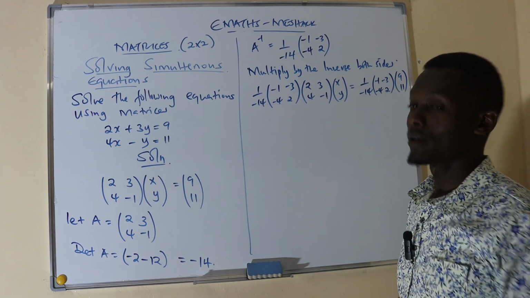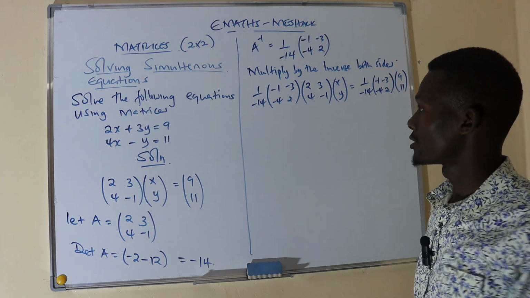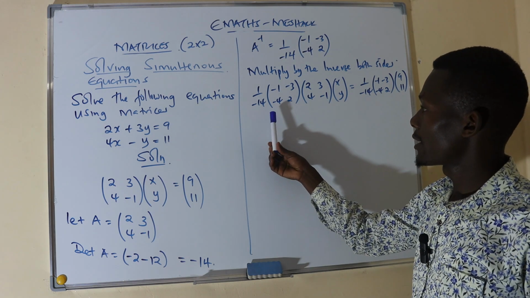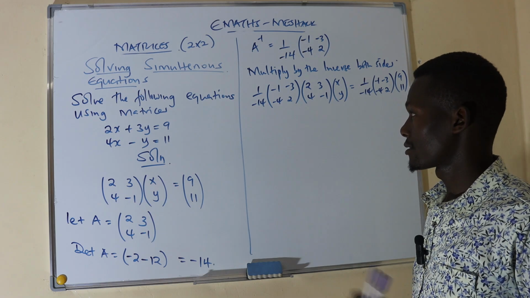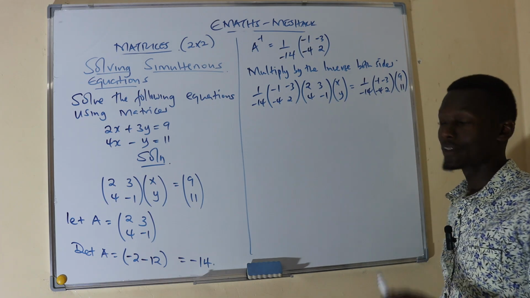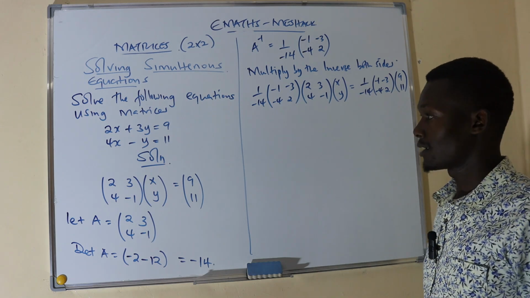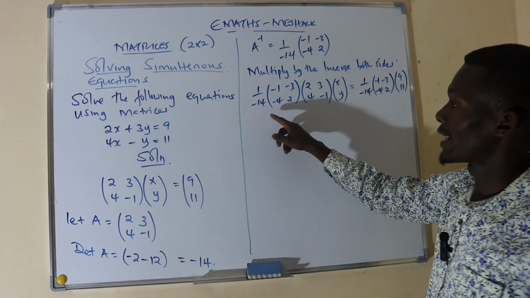Now we know one thing that we did before solving this simultaneous equation. When you multiply a matrix times its inverse, it gives you the identity matrix. We saw that A times A inverse gives you the identity matrix.